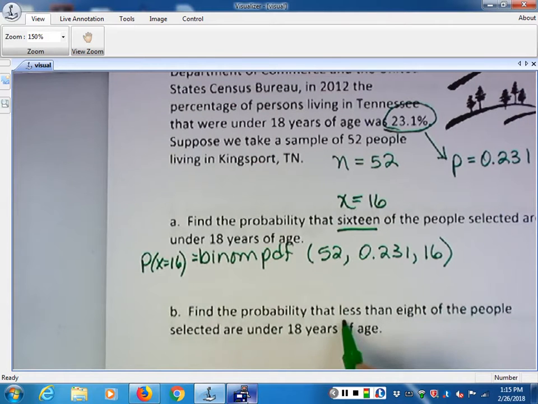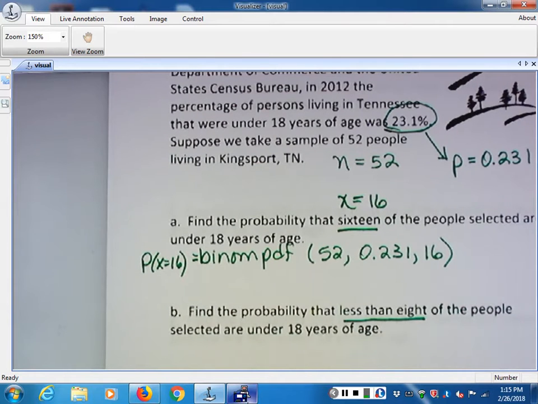This one says less than 8. What numbers are less than 8? Less than or equal to 7.